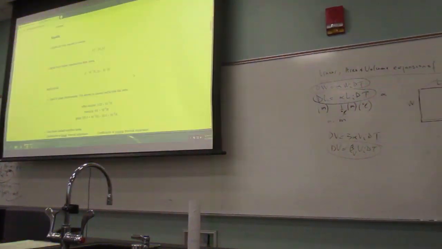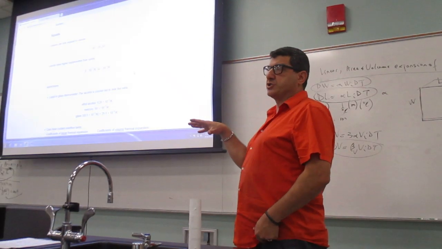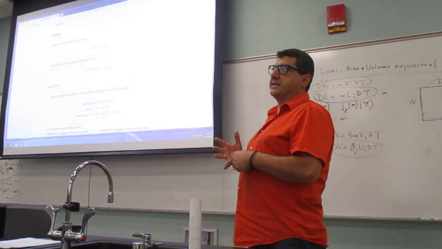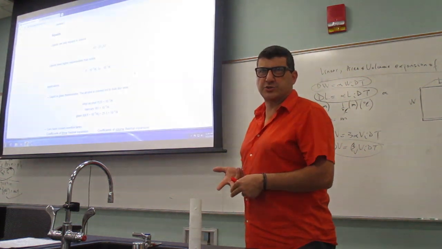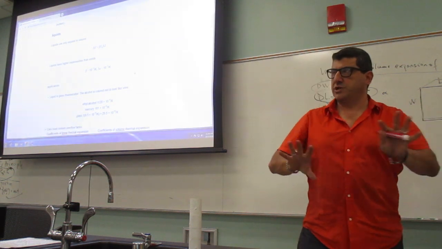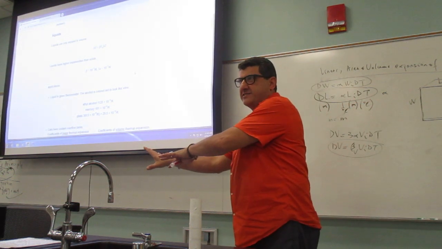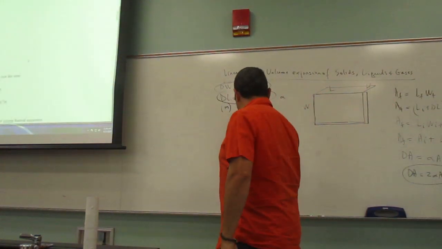So we're going to focus on this chapter on liquids and solids, because gas expansion depends on whether you are expanding it isothermally, isovolumically, or isobarically. So that's a different concept. For liquids and gases, we don't have to worry about that. Isobaric, isovolumic, isothermal, you know.